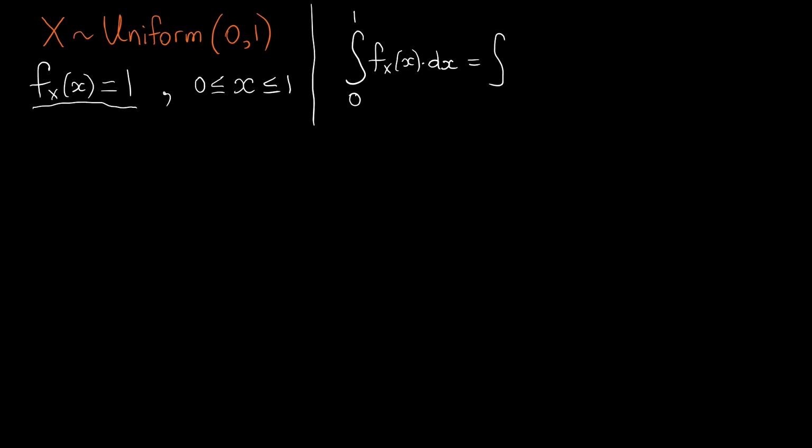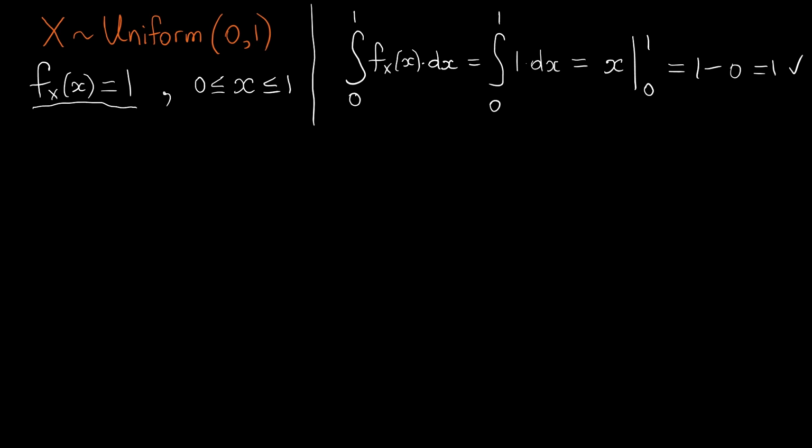Let's replace the PDF with its value, which is just 1, and the integral of 1 is just x, and the limits of integration go from 0 to 1, so we get 1 minus 0, and that's 1. So this is a valid PDF. When we integrate it over its support, we get 1.